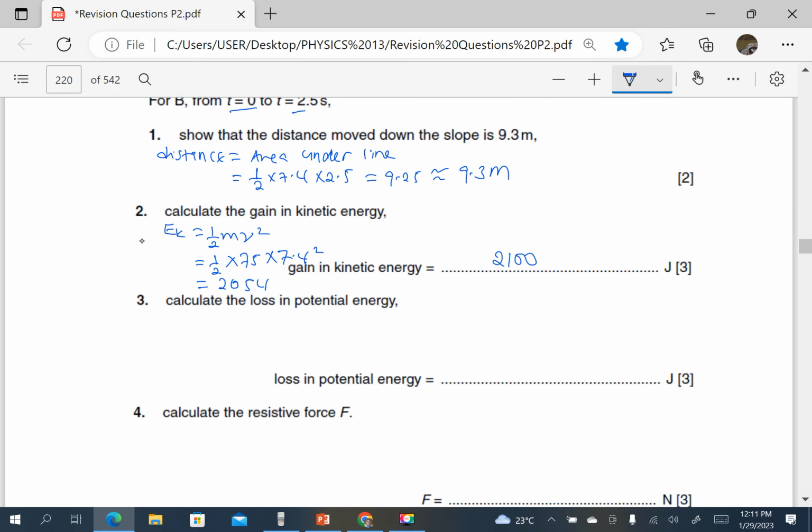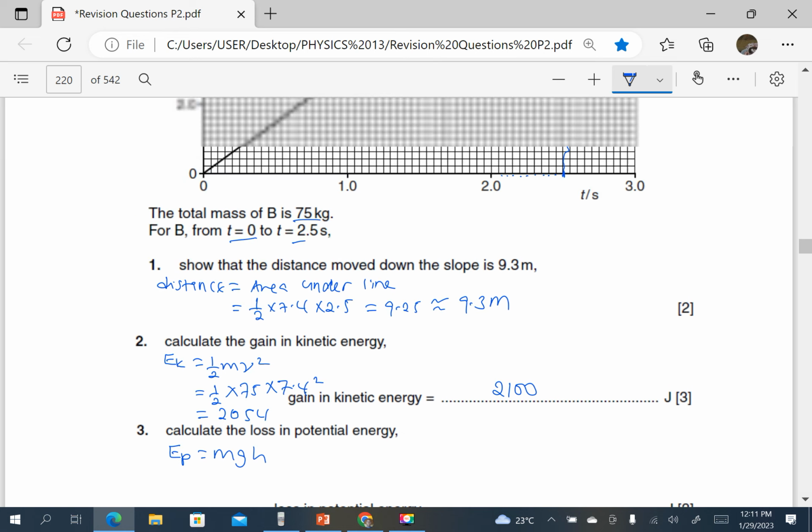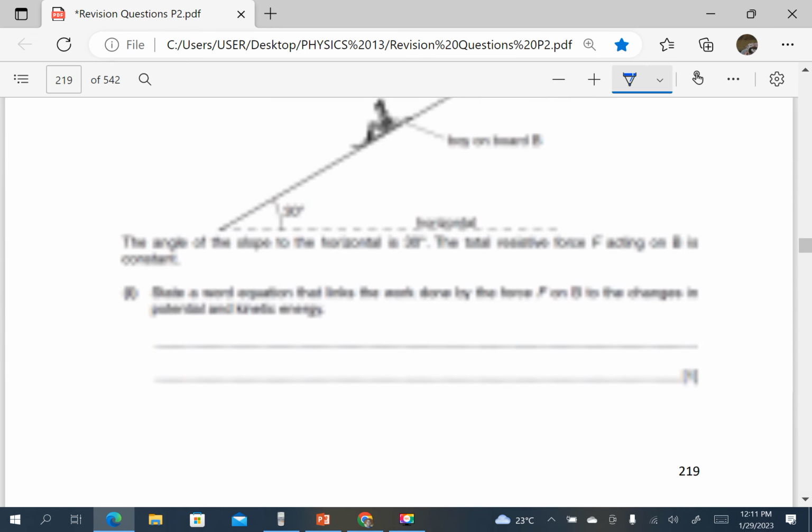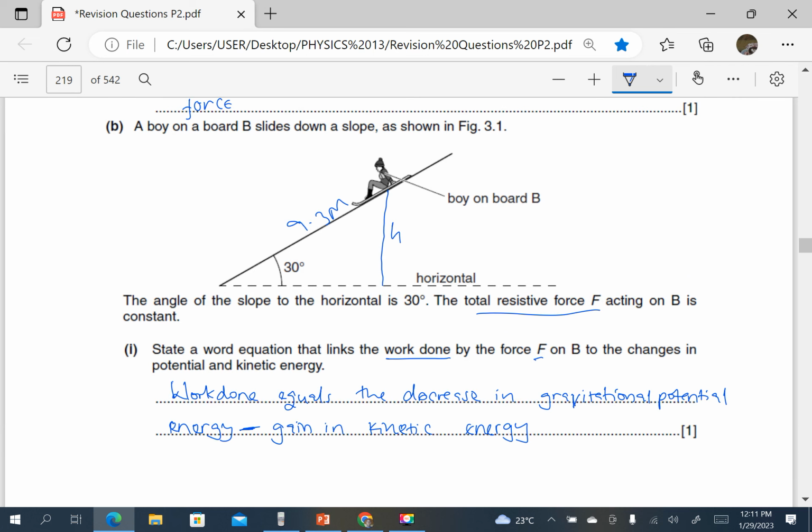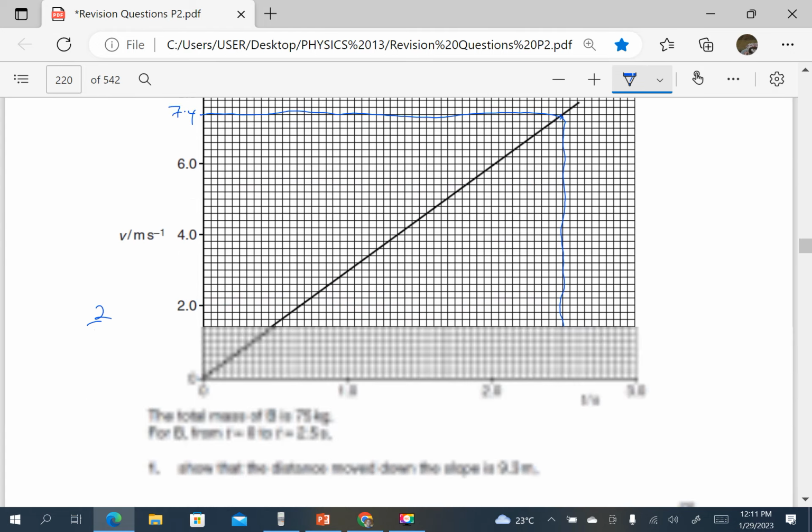Then calculate the loss in potential energy. Loss in potential energy. Energy in the vertical must be mgh. Potential energy is in the vertical. So we need to find h. Go back to the diagram and look for h. h is the vertical height. We have this as 30. This is 9.3. So opposite over hypotenuse, that is sine. So sine of 30 is equal to the opposite, which is h, over 9.3, which means that our vertical height is 9.3 sine of 30. So h is 9.3 sine 30.